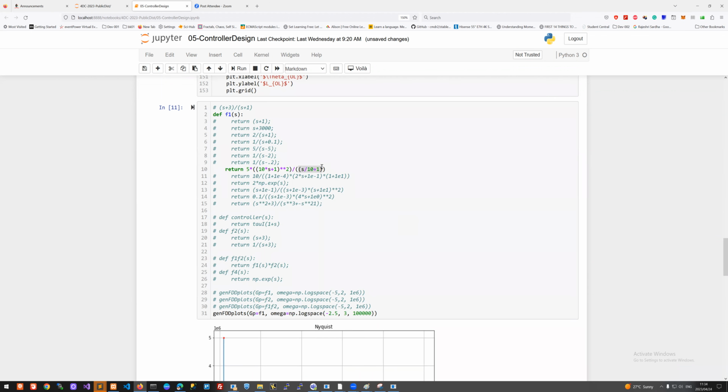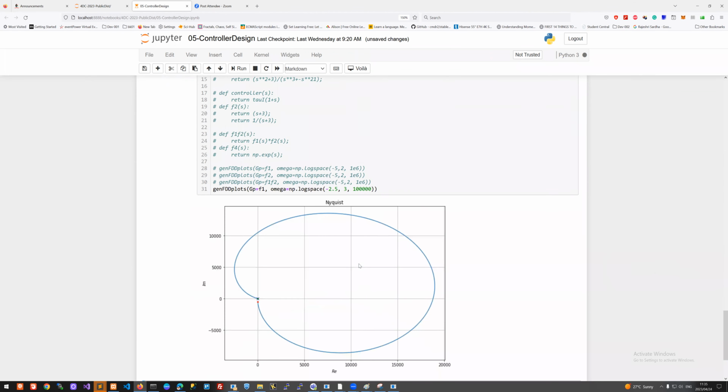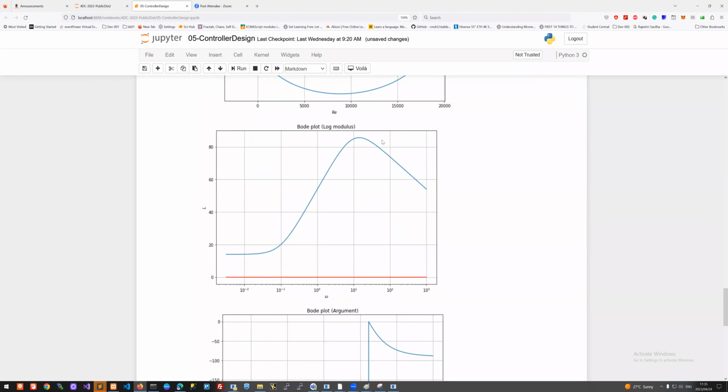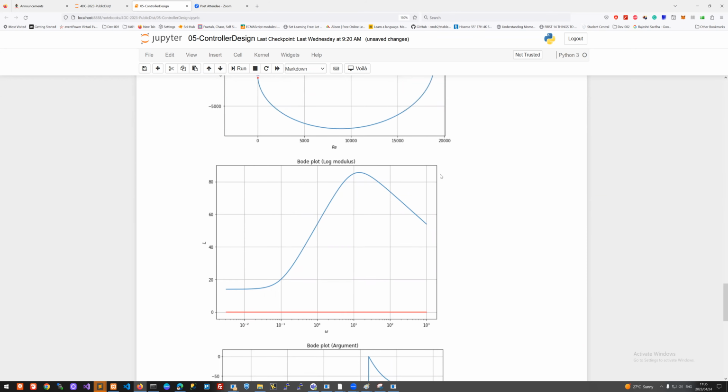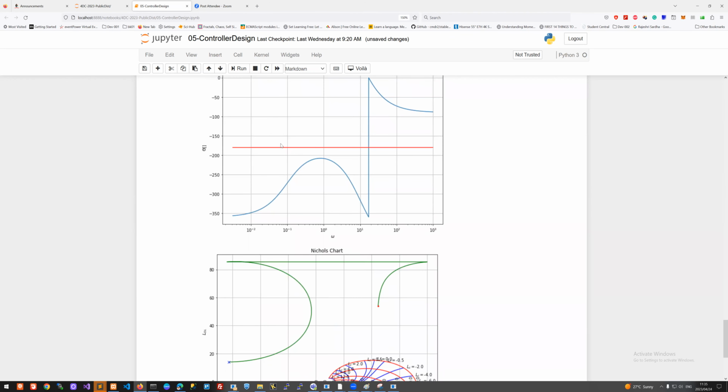And you could change this also. If you, let's say, cube this, then it should go down. And yeah, now we've got a slope of minus 20 there. Okay. The angle is also plotted here.